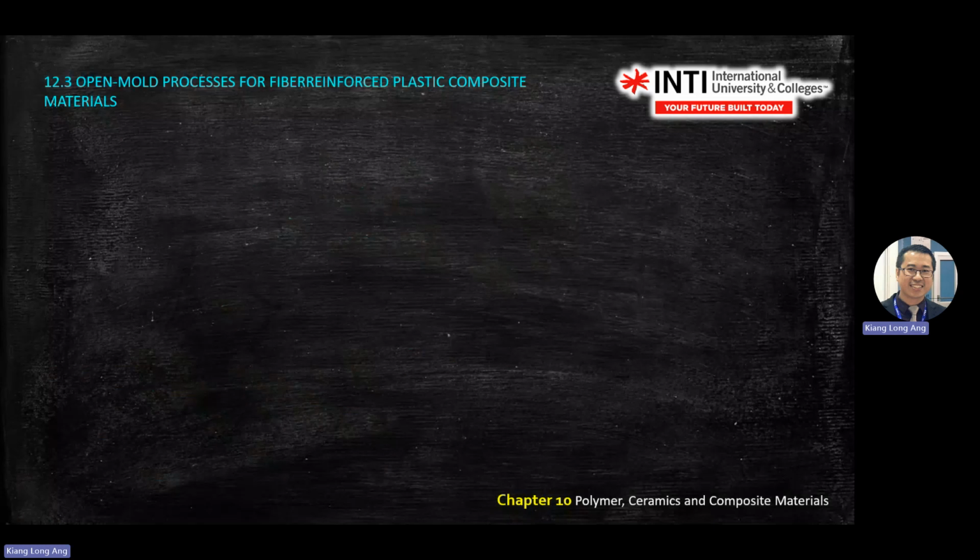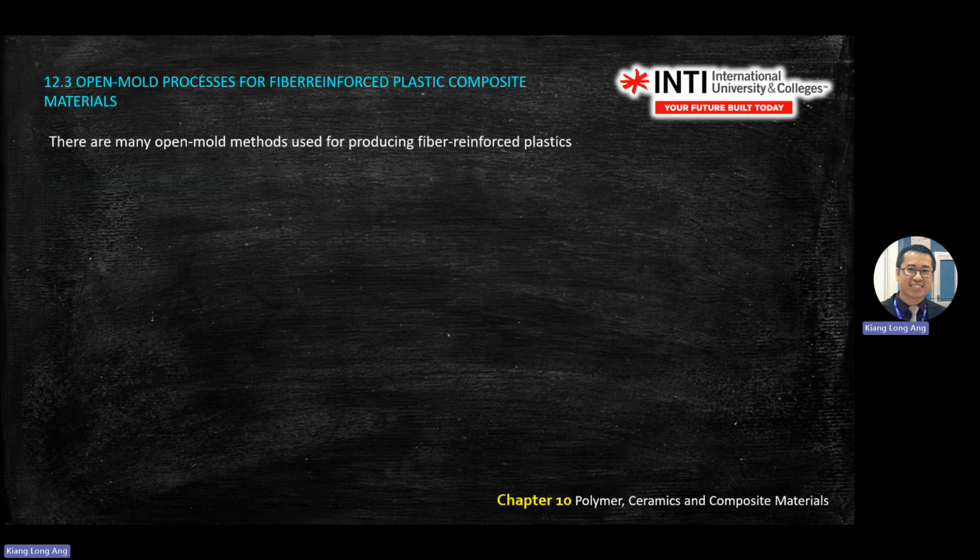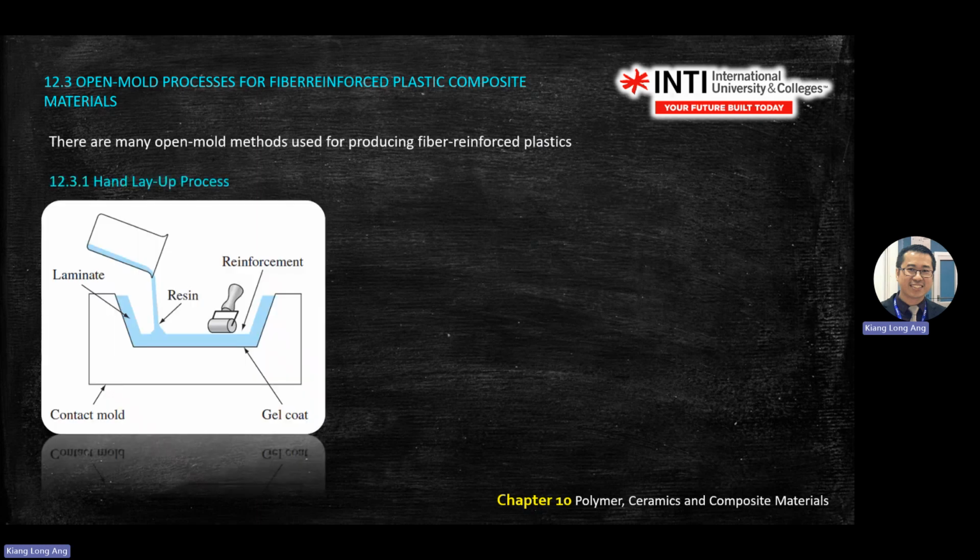Okay, then the next is just about fabrication, how you fabricate it. Too bad we don't have a composite lab yet. Maybe before you graduate, you will see one. So how to make a composite? You need a mold, you need resin, you need fiber.